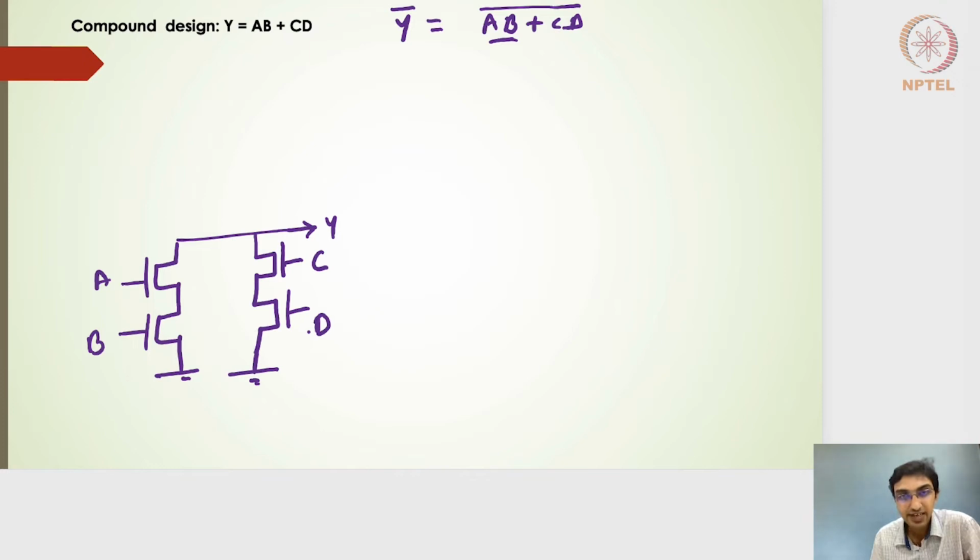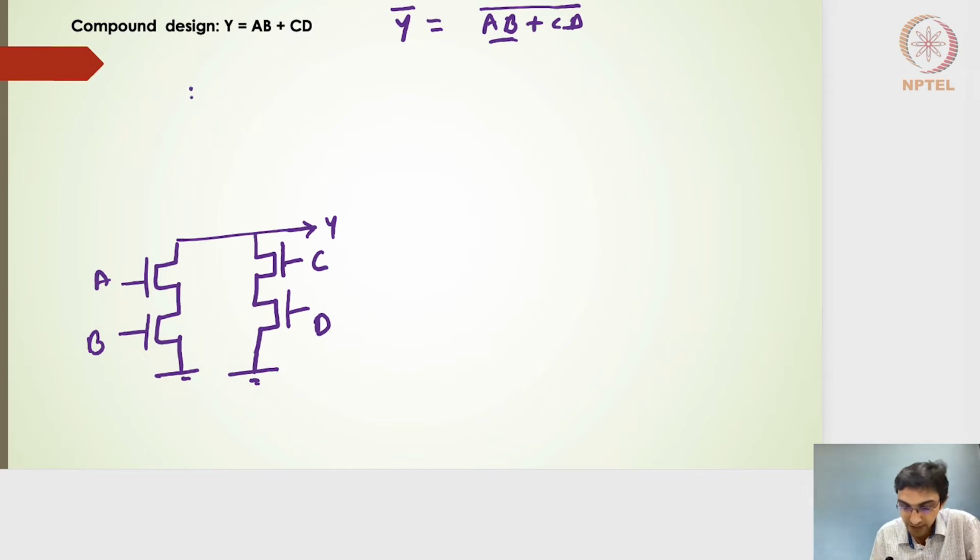So this represents AB plus CD on the NMOS side, and on the PMOS side, its conduction complement will come into the picture. So the conduction complement means that if on the NMOS side, or the pull-down side, I have 2 transistors in series, that will become parallel on the pull-up side, or the PMOS side.